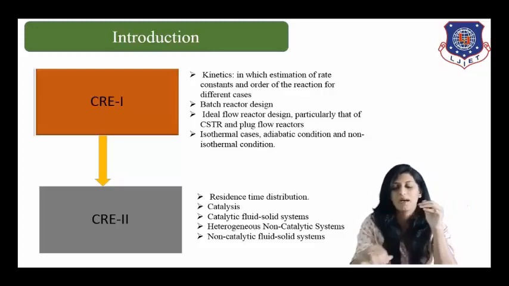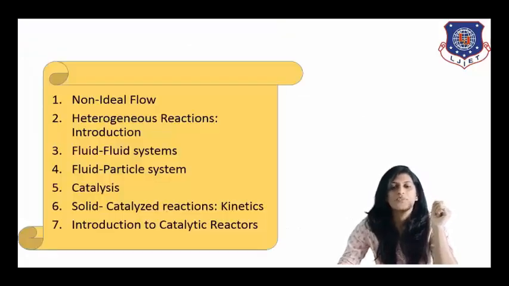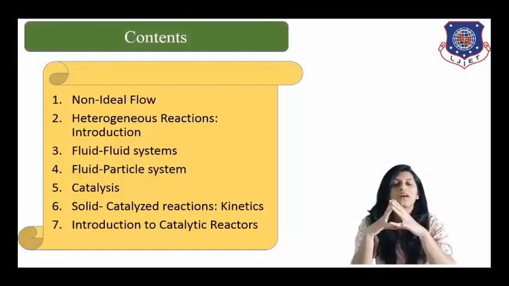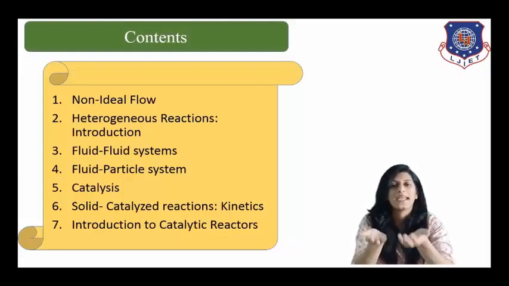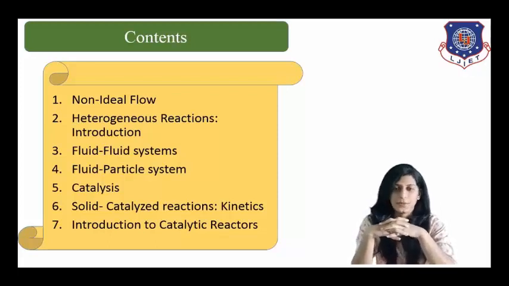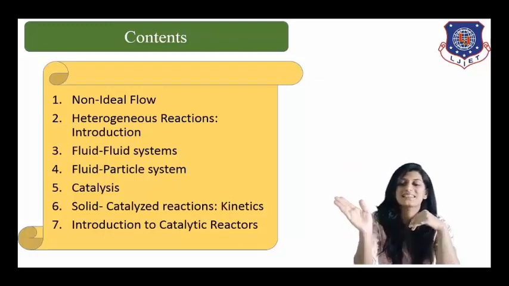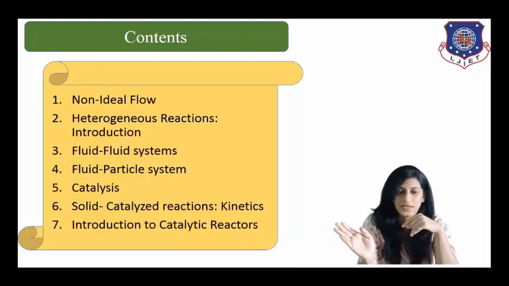Once we complete CRE2 or advanced CRE, we will be able to deal with the entire chemistry of any reaction which is taking place in our actual industry. In this CRE2 course, we will cover most importantly these 7 topics, as you can see here.